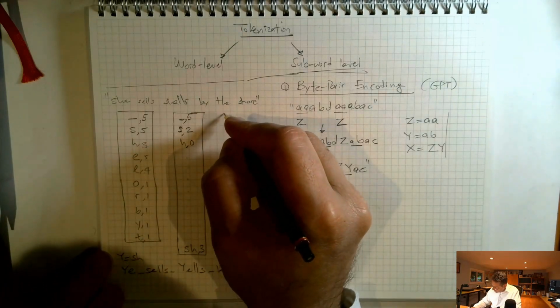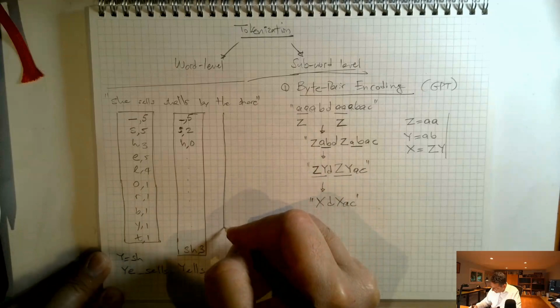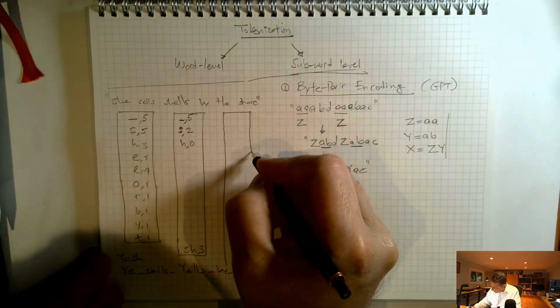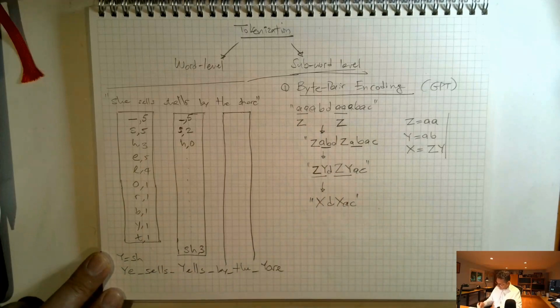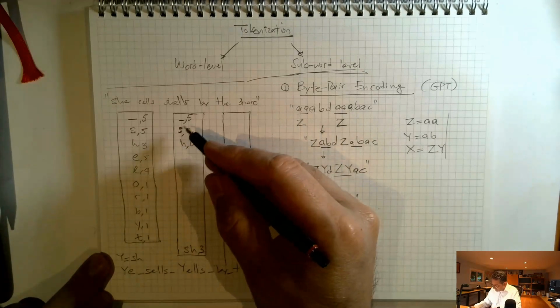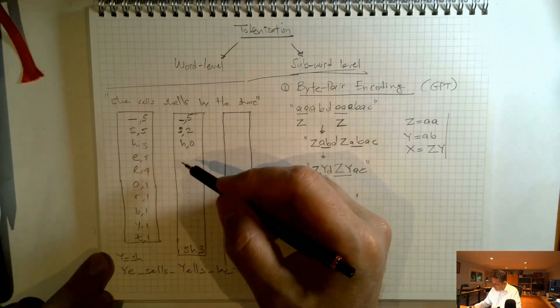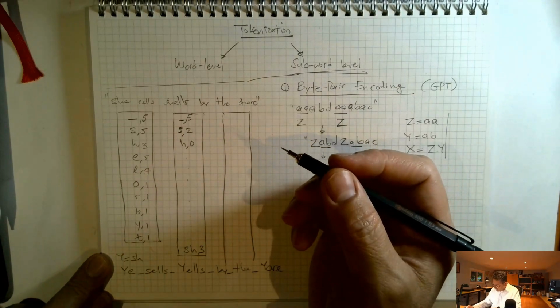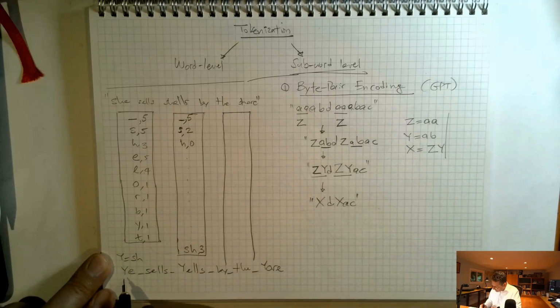In the third iteration, we're going to repeat this process. We need to find the most frequent pairing that we can find. I'm not 100% sure it is the most frequent one, but just for illustration purposes, let's merge the Y and the E.